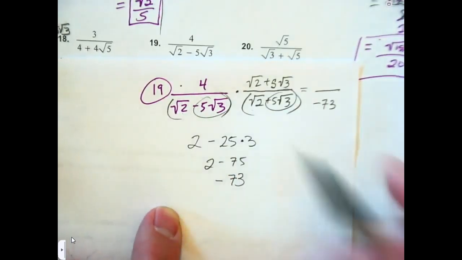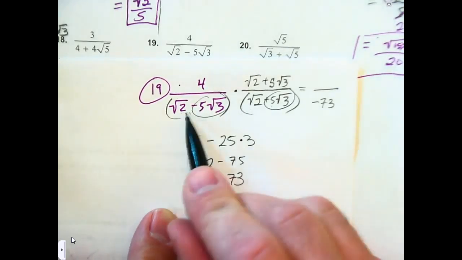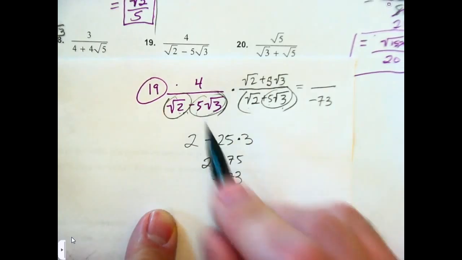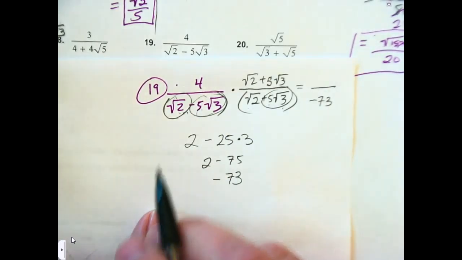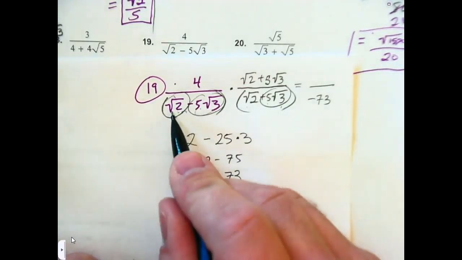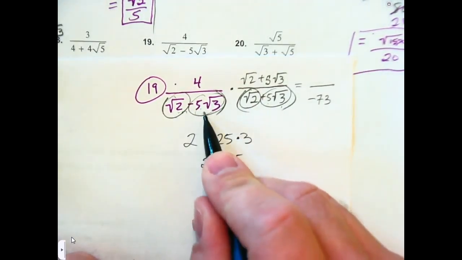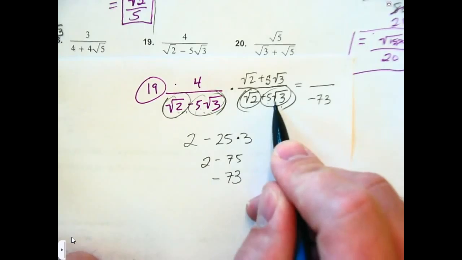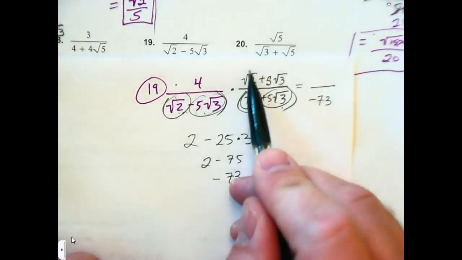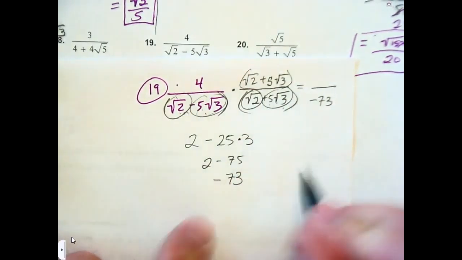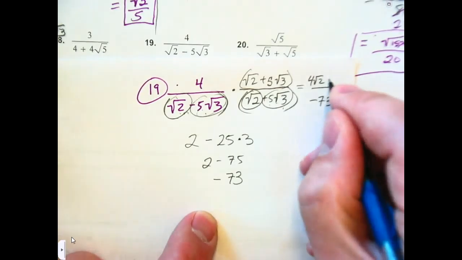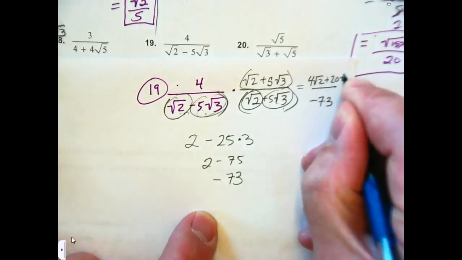Remember the pattern: when you're multiplying here, you're squaring that and subtracting the square of that. So you multiply root 2 by root 2, and negative 5 root 3 by positive 5 root 3, and you get negative 73. Then we multiply the tops: 4 times root 2, and 20 root 3.